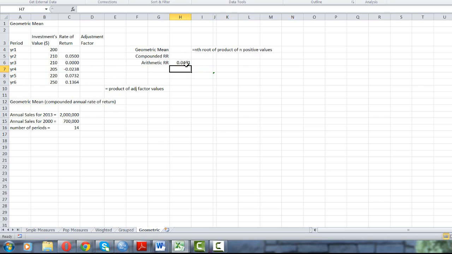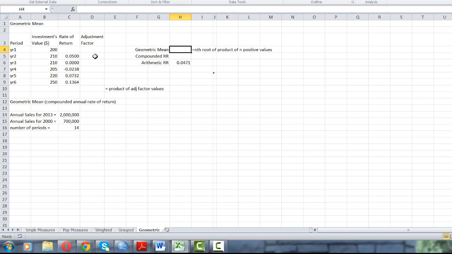However, if you were to start at 200 and multiply that times a factor of 1.0471, do that 5 times, you should equal 250. Well, that's not going to happen because of the compounding that's going on. So to get the actual compounded annual rate of return, we need the geometric mean of the adjustment factors.